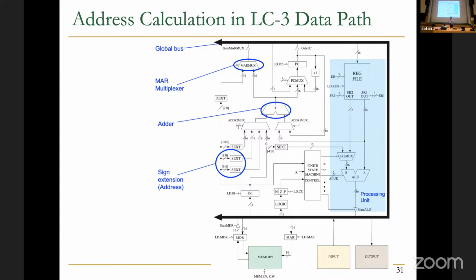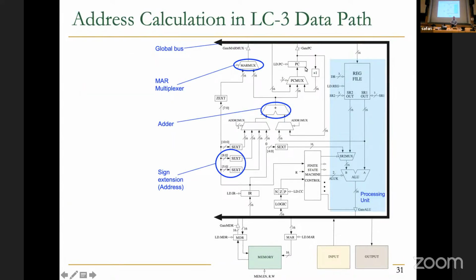Okay? An ISA can be implemented in multiple different ways. This didn't have to be the way to implement it. You could have actually had another input coming from PC plus 1 into this address mux.